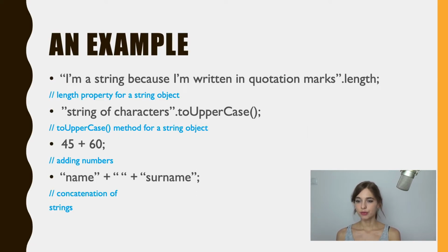If you put 45 plus 60, you will get 105. But if you try concatenating your name and your surname, it would print out a string of characters. Because different operations for different types. Even if it's the same plus operator, it would give us a different result.